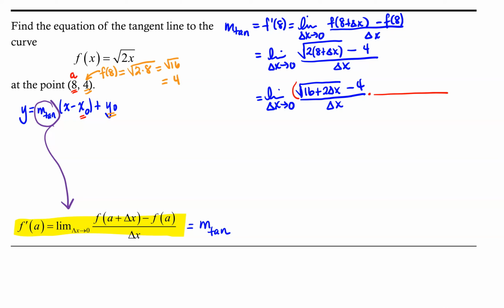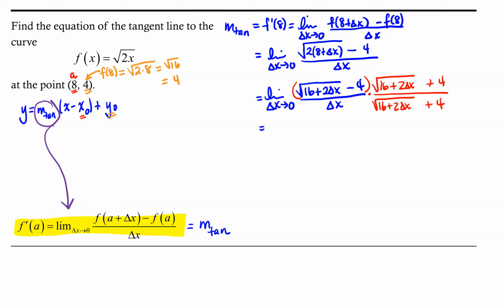The conjugate of our numerator is the square root of 16 plus 2 delta x plus 4. And then in the denominator we'll have the square root of 16 plus 2 delta x plus 4.